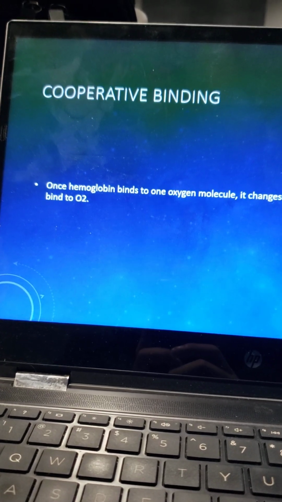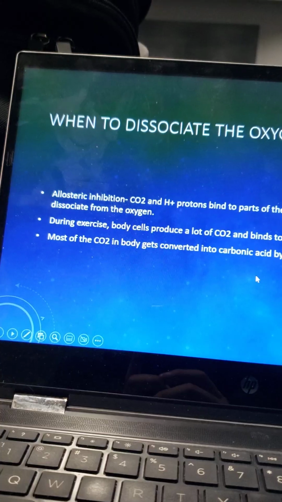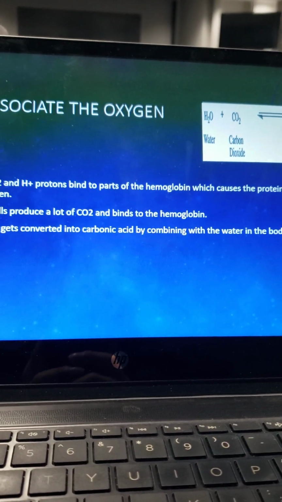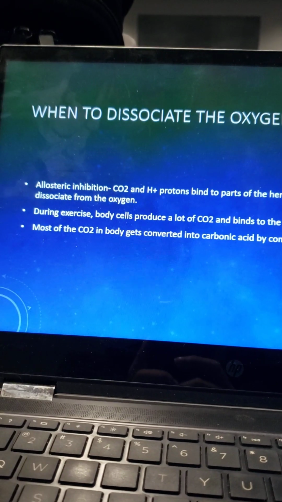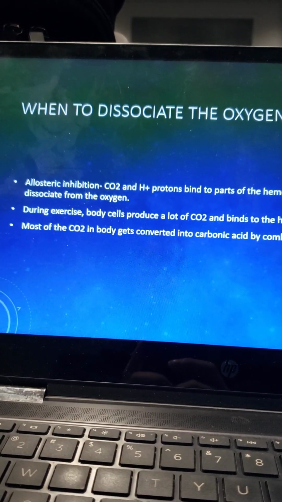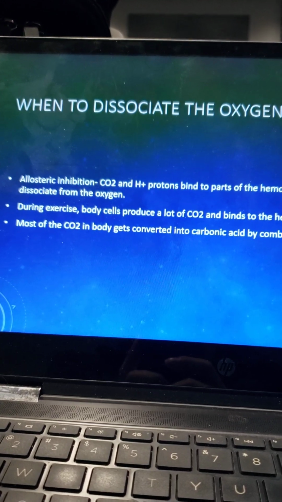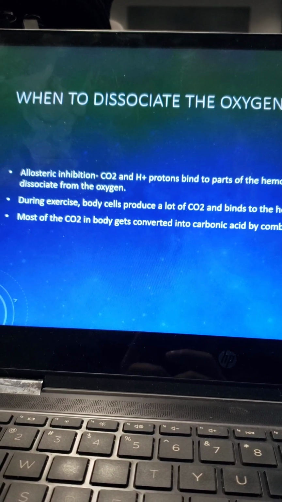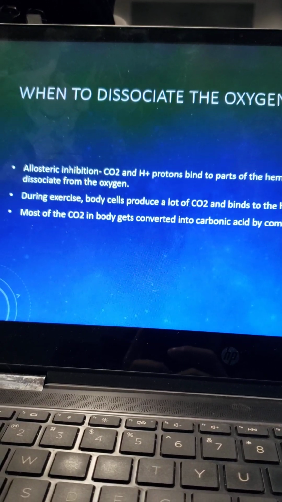in the polypeptide chains. Another important thing to note is, how does hemoglobin know when to deliver the oxygen molecules? It doesn't know what part of the body it's in. The hemoglobin molecules could be in your thigh, could be in your lungs.